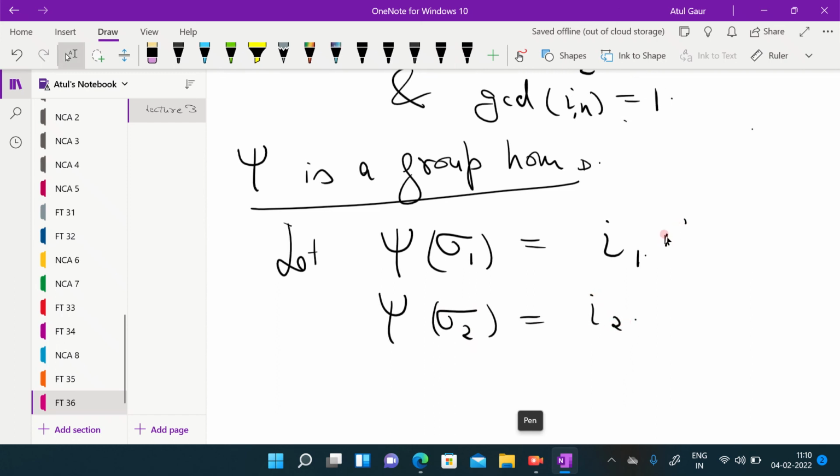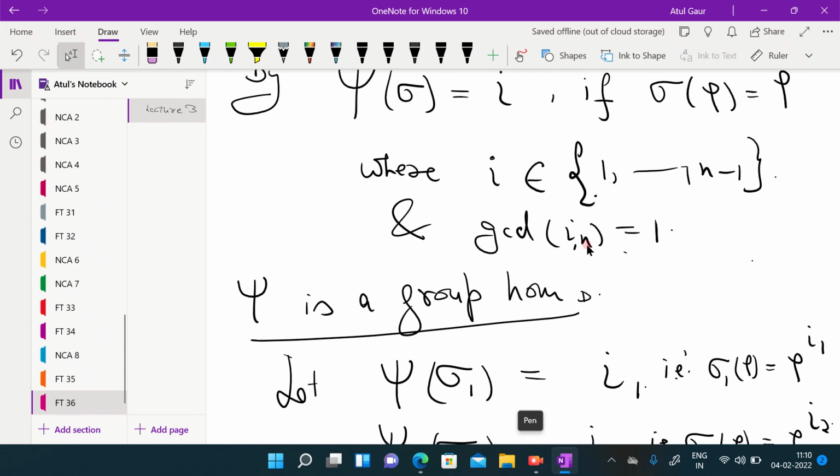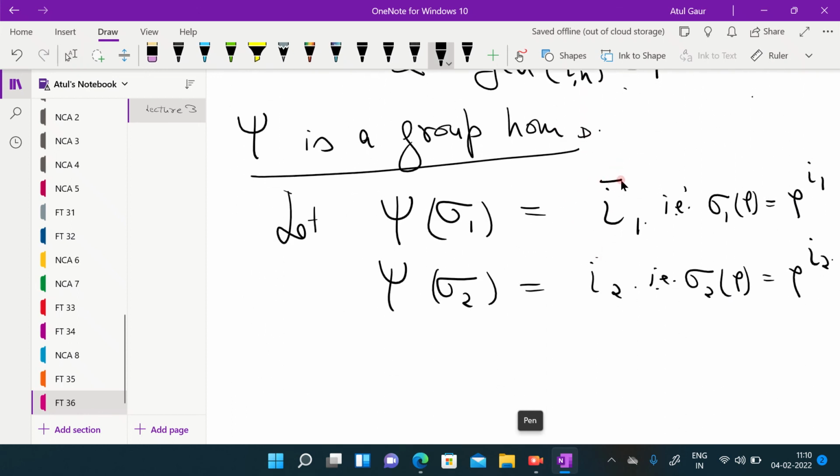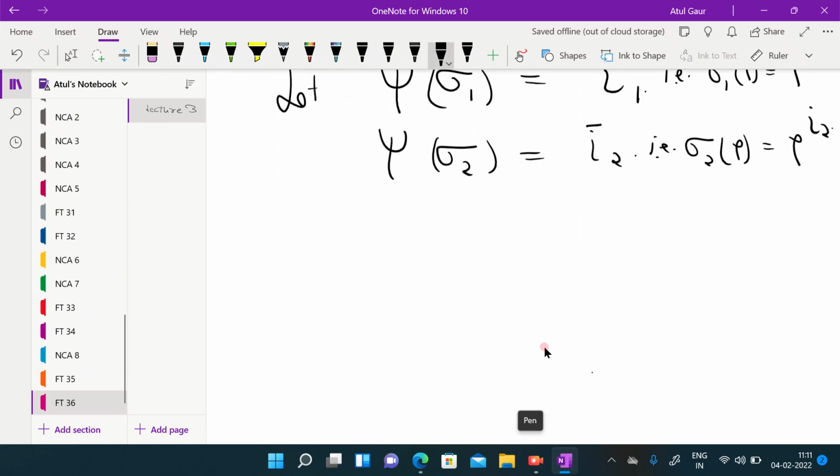That means sigma 1 of rho is rho power i1, and sigma 2 of rho is rho power i2. Here i1 and i2 are in 1 to n minus 1.